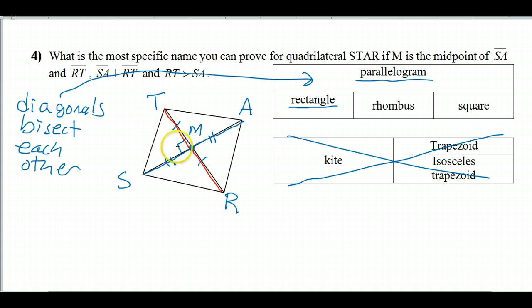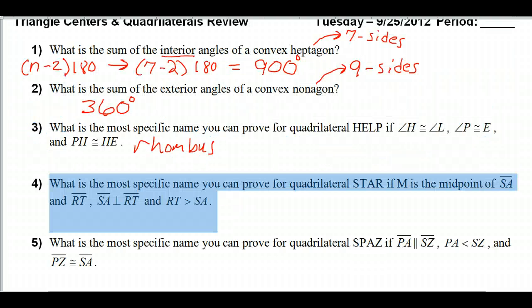If the diagonals are not congruent, then we can definitely know that this is not a square. Even if they hadn't added in that last part, we already knew it was a rhombus, because that's the only one that had perpendicular diagonals. It was just a matter of whether it could be a square. So even if I didn't add on that last piece of information, we would have been stuck with rhombus. So once again, the answer should be rhombus.